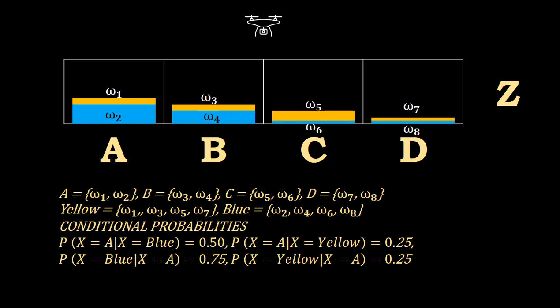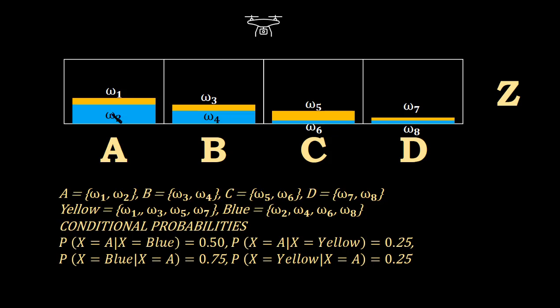So when we have that information, now the sample space is reduced. It doesn't include omega 1, omega 3, omega 5, and omega 7. So it's a smaller sample space. So what's the probability now that the drone landed in A, given that we know it landed in blue?